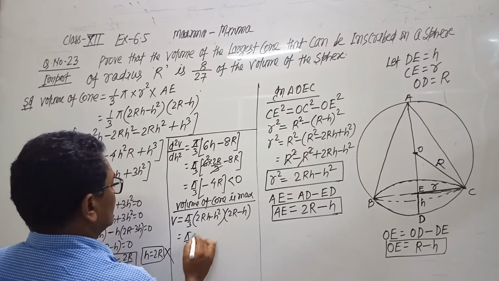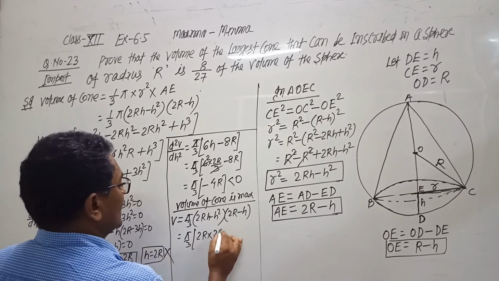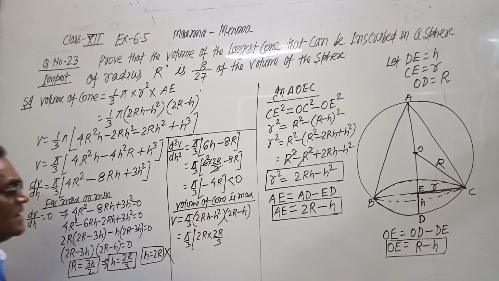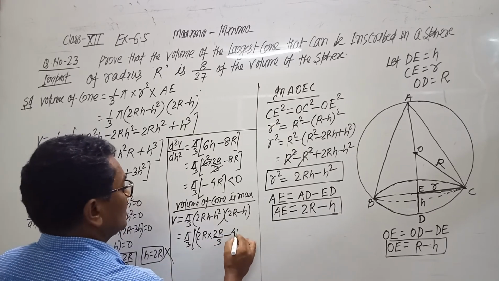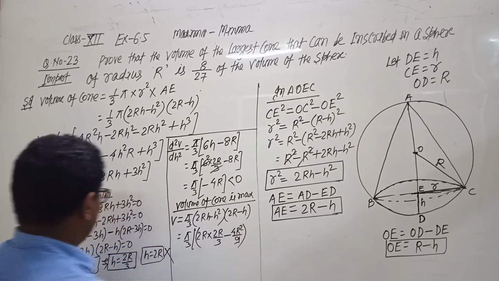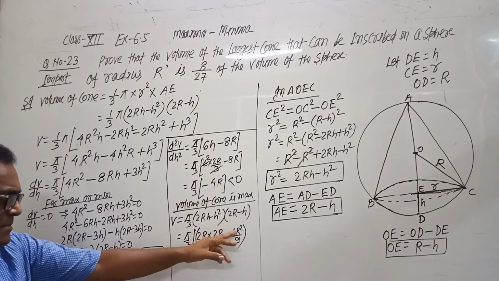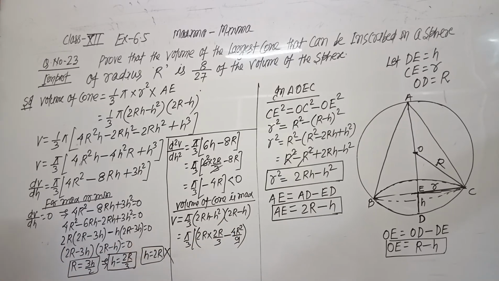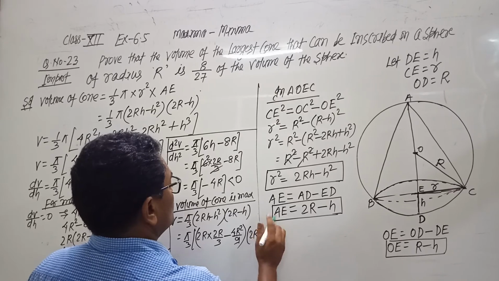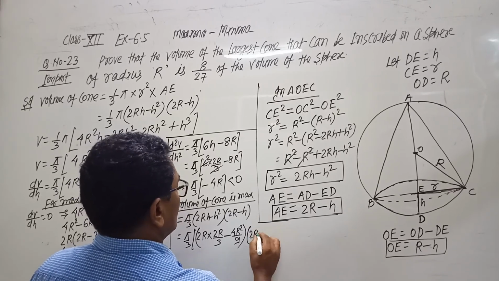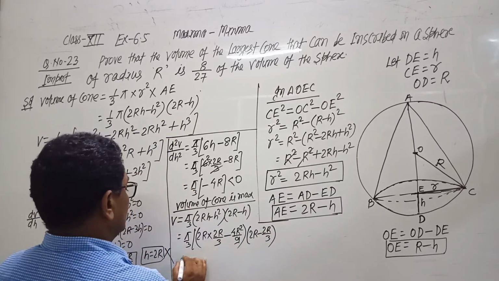So pi by 3, 2r into 2r by 3 minus h square, meaning 2r by 3 the whole square, 4r square by 9, and again 2r minus h, where the value of h is 2r by 3.